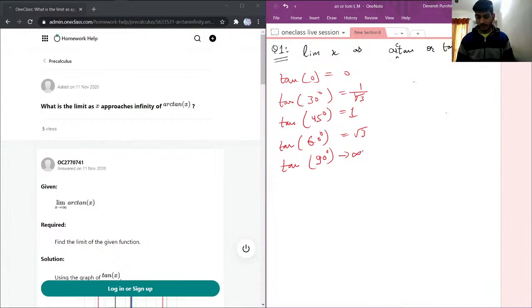Now what I will do, I will take tangent inverse on both the sides.